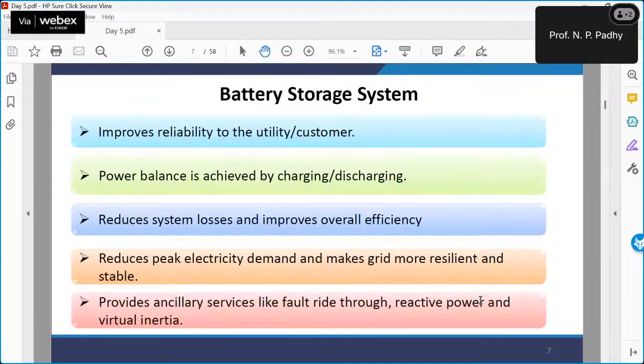It improves the reliability of the utility or customers. It helps in achieving power balance by charging and discharging. It also reduces the system losses and improves overall efficiency. How does it reduce the losses?